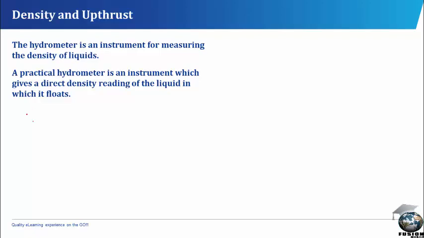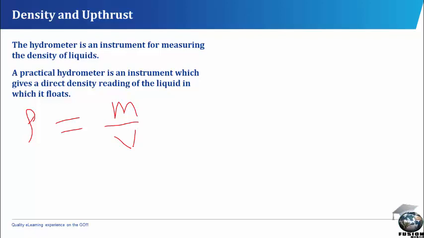Mathematically, density, which is given as rho, is equal to the mass of the body over its volume. This is density. If you want to know the density of Sayudi Jesus, measure the mass of Sayudi Jesus and divide it by the volume which Sayudi Jesus occupies, and that is the density of Sayudi Jesus. And a hydrometer is used in measuring this density.